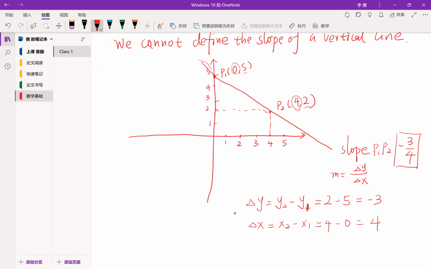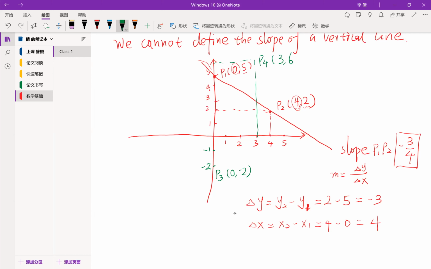If there is a point, this is 1, this is 2, this point is P sub 3, and the ordered pair of this point is (0, -2), and another point P sub 4 is (3, 6).